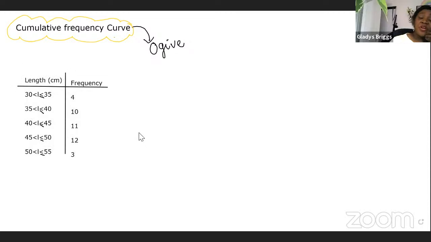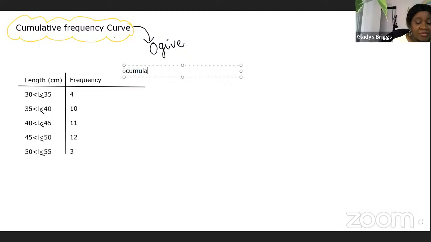So when you got data like this and you're being asked to represent the data on a cumulative frequency diagram, a cumulative frequency curve, or an ogive, the first thing that you want to do is extend the frequency table to include a column for cumulative frequency.